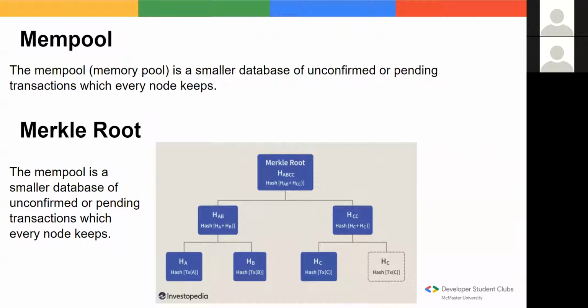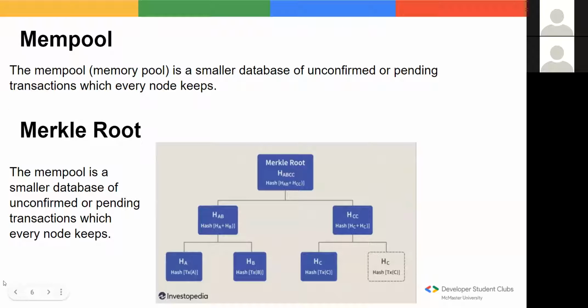It still hasn't actually been taken from your checking or Visa account, but it's a pending transaction, and you have to wait for it to be approved and completed. So the mempool is just a box, a database that stores all of these pending transactions which are still not confirmed and approved.